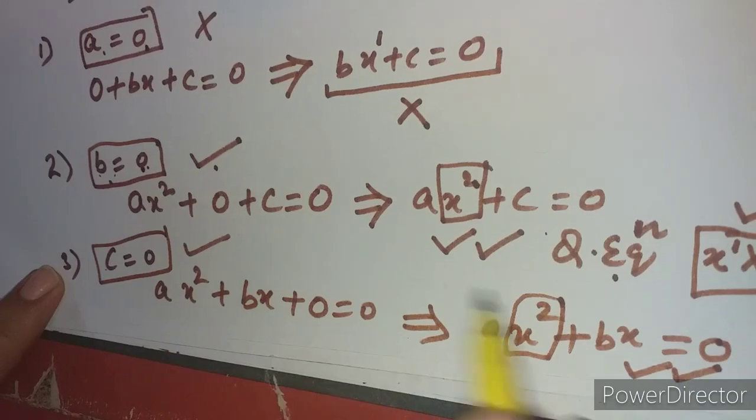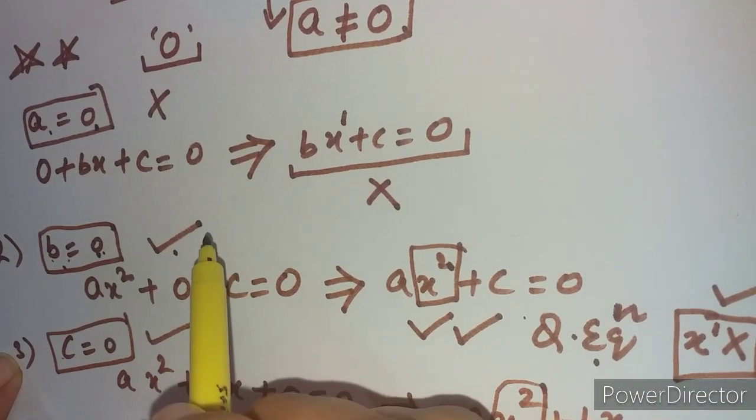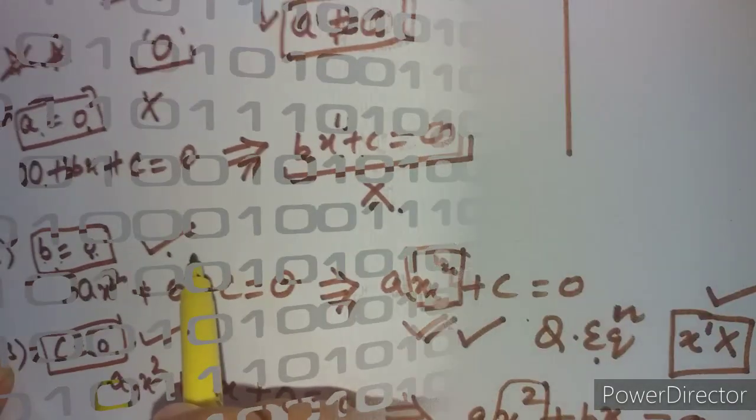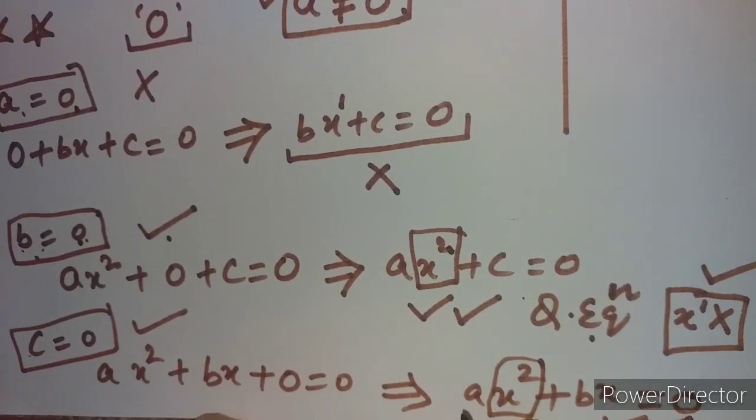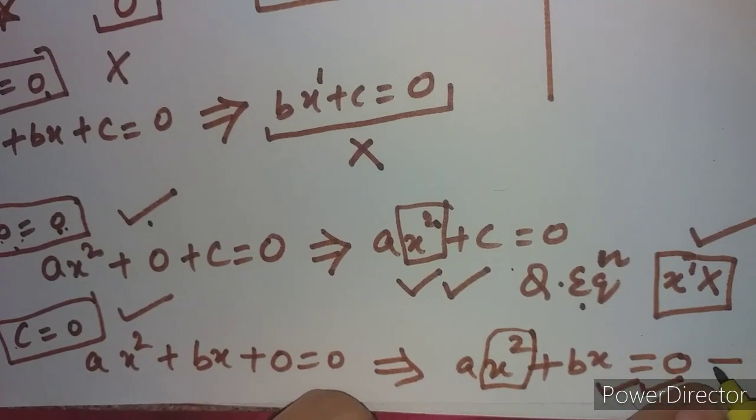It means the form of the equation in which c is equal to 0 will be like this.